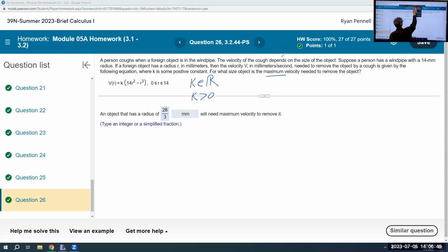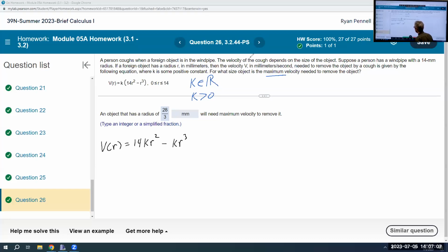I might rearrange the function. I don't know if I absolutely need to do this, but just being cautious. Rearrange v just to be sure. Taking the derivative is easy stuff, hopefully.